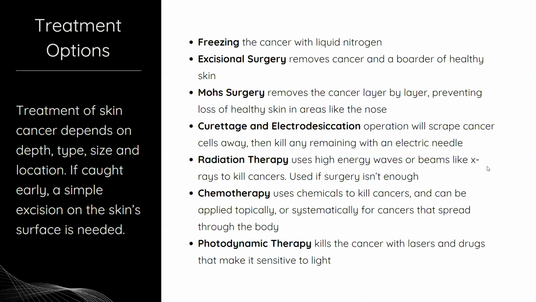And then, of course, chemotherapy uses a lot of chemicals that go throughout the system. This could also be used for lymphoma or any cancers inside of your body. And then the last one, which is pretty cool, is photodynamic therapy. This kills cancer with lasers and drugs that make the cancer spot sensitive to light.